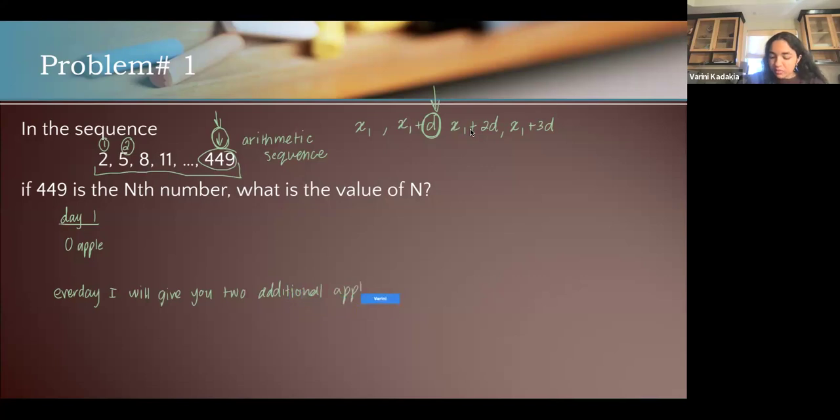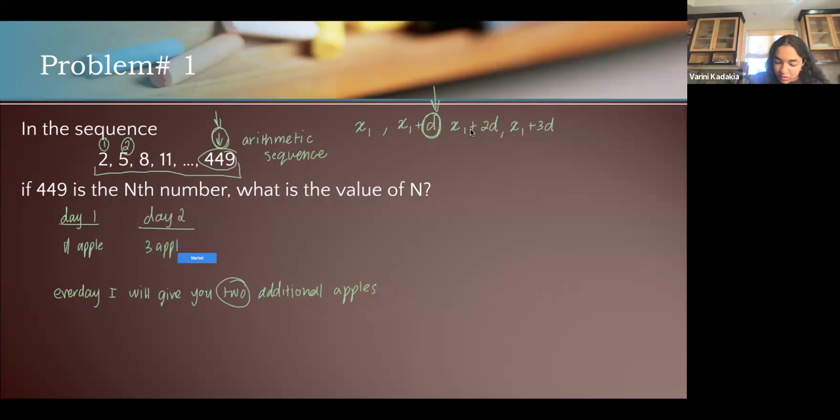So every day I will give you 2 more apples than you had the previous day. So then day 2, how many apples would you have? You'd have 3 apples, right?